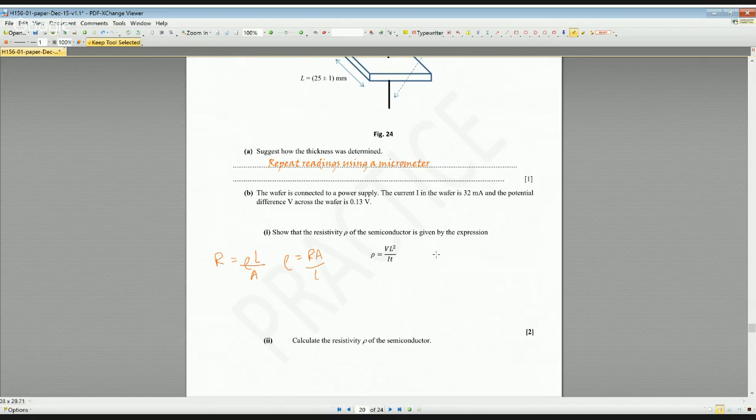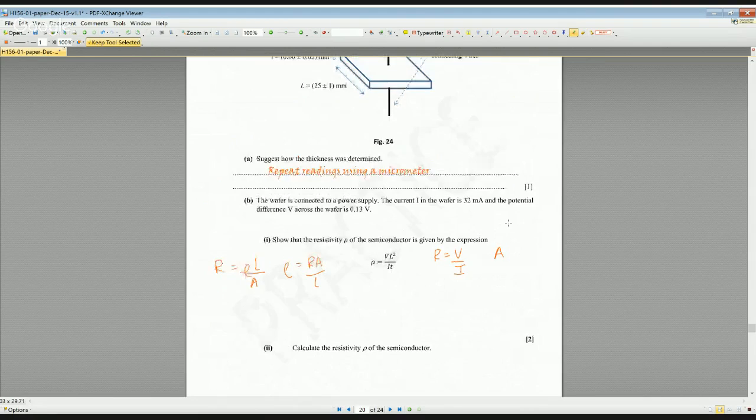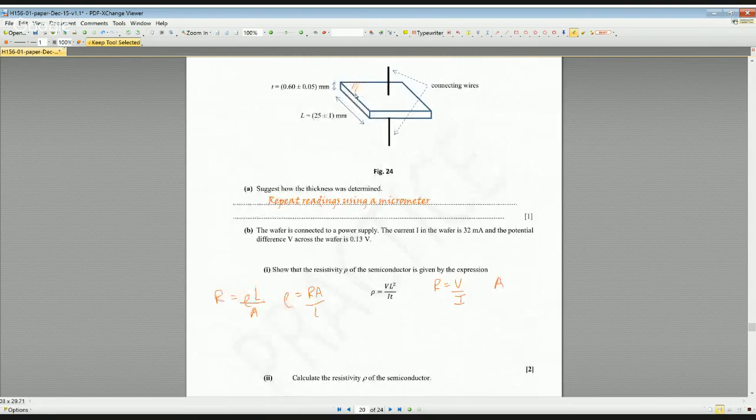Now, we have to be careful with some of our terms we're defining here. So we know that R can also be written as V divided by I. Cross-sectional area of our conductor here is this surface here. So that is L times L, which is L squared, capital L we're talking about here.